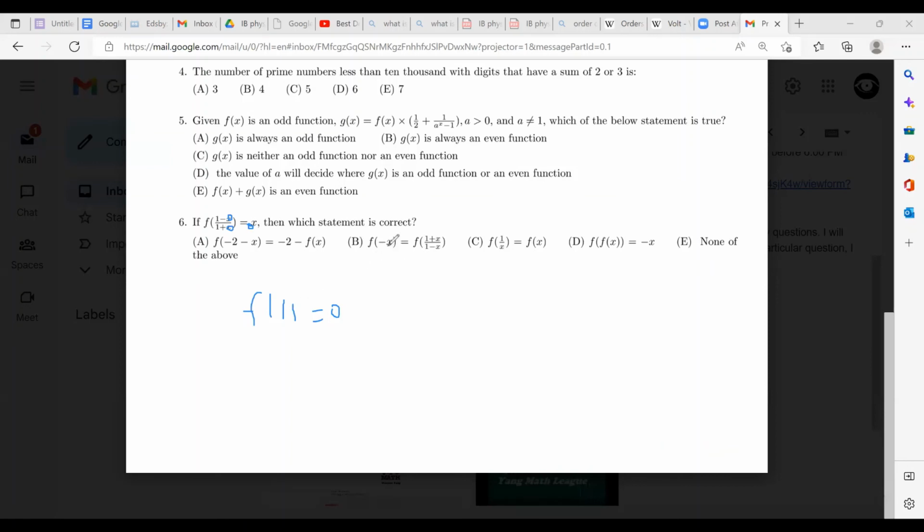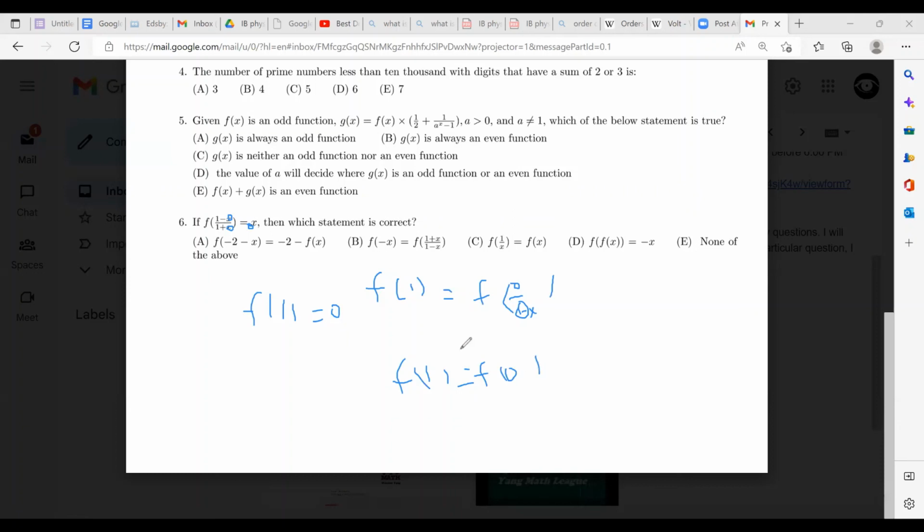Let's substitute negative 1 over here, actually. So f of negative 1 is equal to f of, oh look, 1 plus negative 1, that's just 0. 0 over something is 0, actually this thing is 1 minus x, but whatever, this is going to be 0. So you will get f of 1 is equal to f of 0.